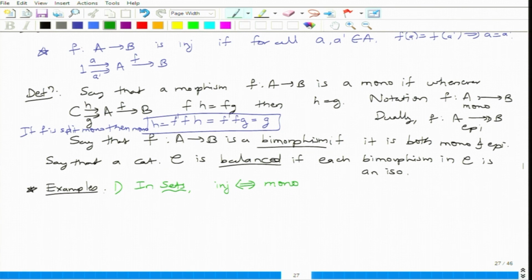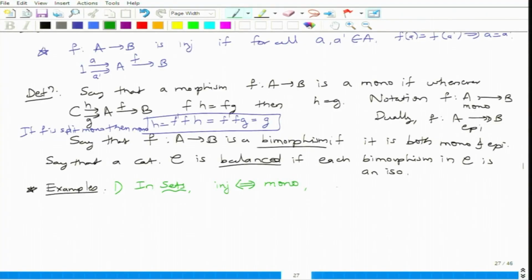If you remember, a similar statement for split monos was also true: injective if and only if split mono, if and only if mono. But surjective if and only if split epi in the category of sets wasn't true. One side was always true, but the other side was true subject to the axiom of choice. However, for this notion of an epimorphism, we do not need that.